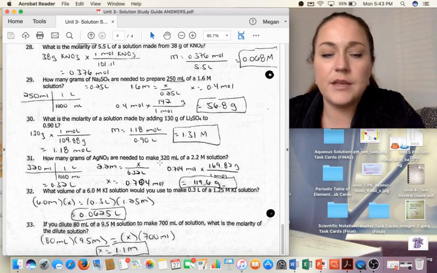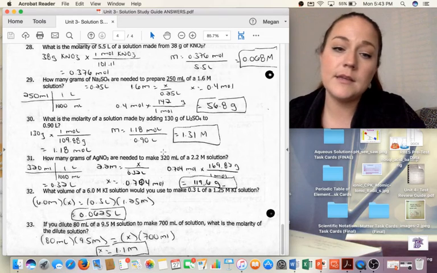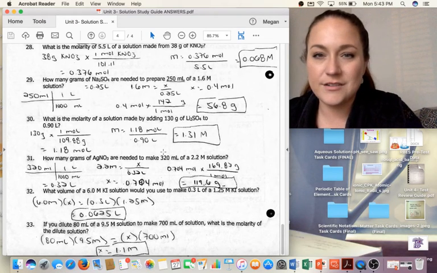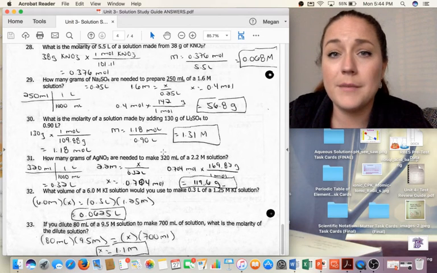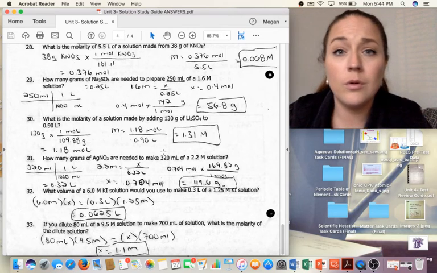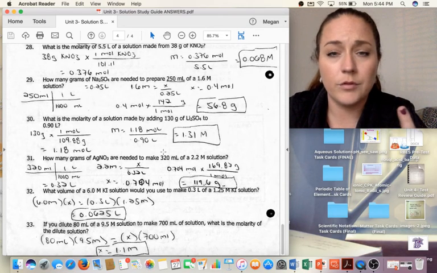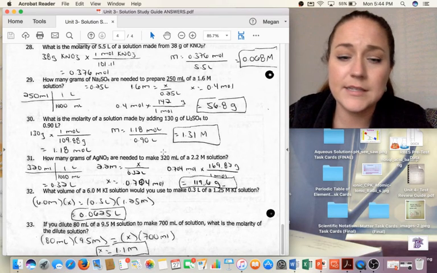All right. How many grams of AgNO3 are needed to make 320 milliliters of a 2.2 molarity solution? Now, please keep in mind that this is not in liters. So one, we have to take our milliliters, 320, to liters. We can either move the decimal over 3 spots, or divide by 1,000, whatever makes sense to you.